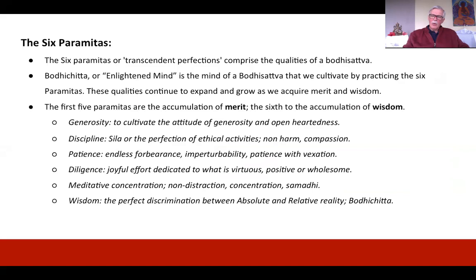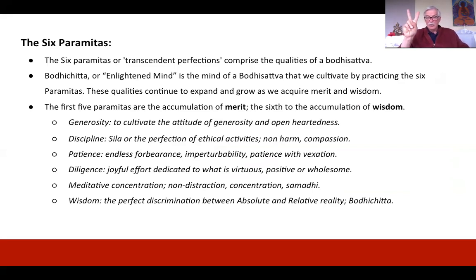So, what's entailed? How does a Bodhisattva function? Well, there's actually a term called the 6 paramitas, and they are considered the qualities of a Bodhisattva. And if we're in the Mahayana, we work on perfecting these qualities. So there's 6 of them. The first 5 paramitas are the accumulation of merit, and the 6th one refers to the accumulation of wisdom.